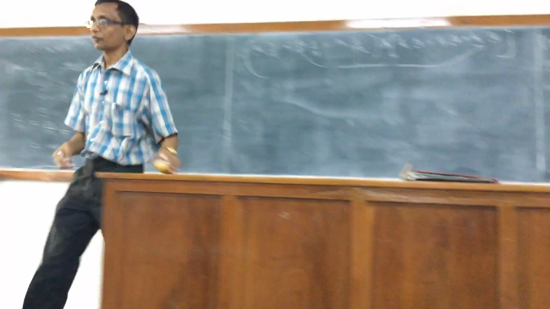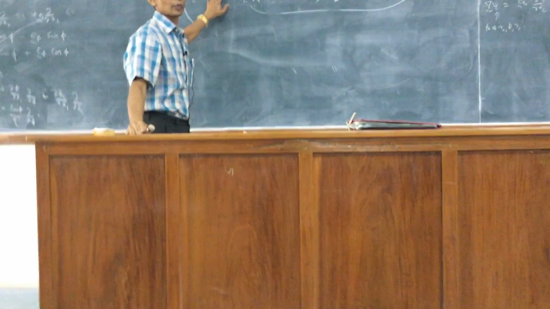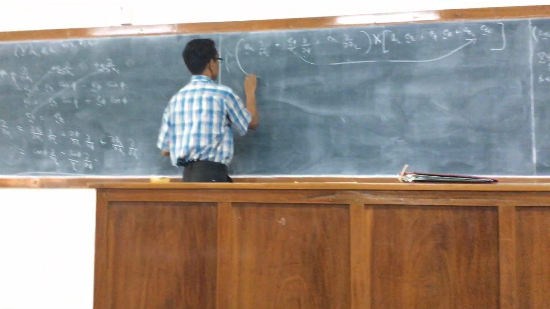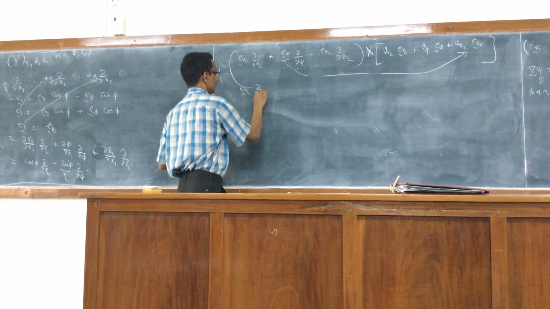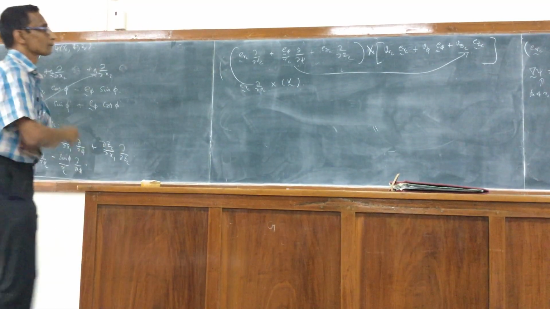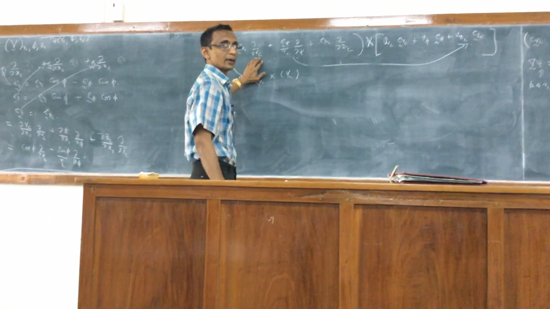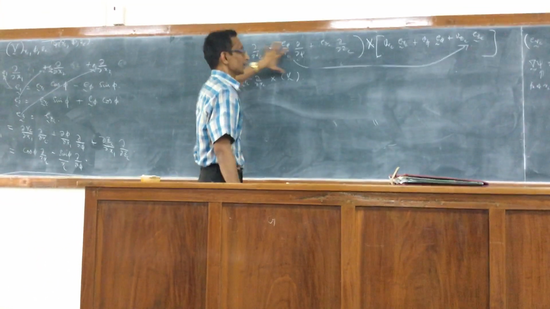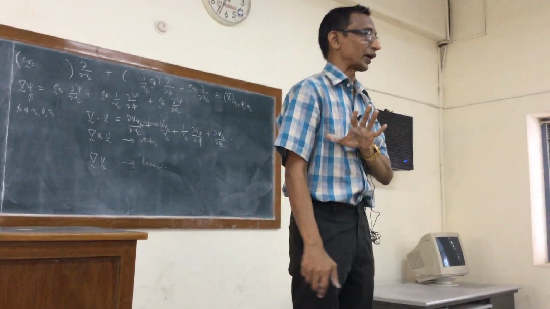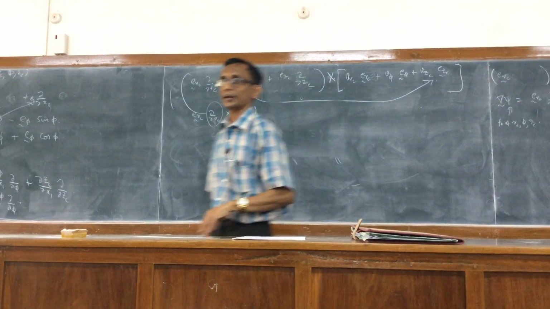So the experience of what we have done for the divergence, you can easily see which are the terms that are going to contribute. For instance, let's just take ERC, d by dRC, cross product of V. Right? So cross product, so we know that I don't have to consider any of the terms coming out of the derivatives of the unit vectors, because the derivative operation for this is d by dRC, right?